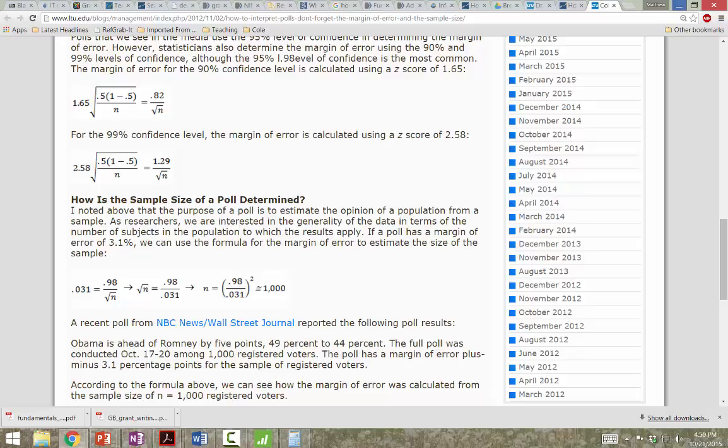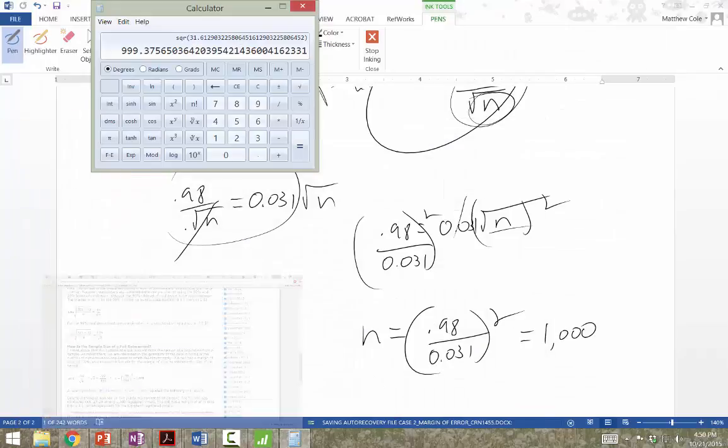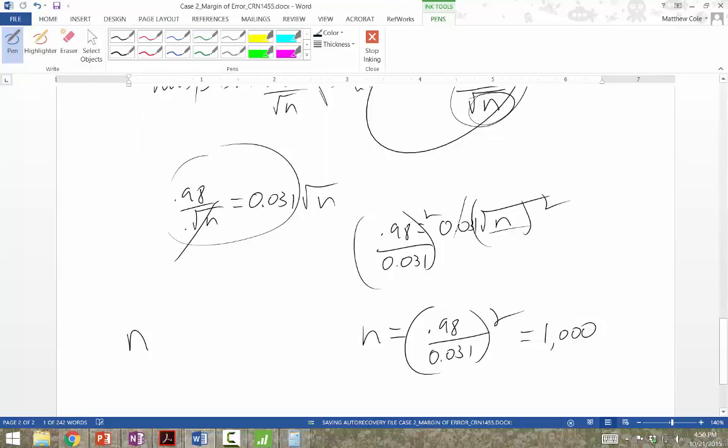And, well, let's pick another one. Let's say that they tell us, so we can figure out, do we need more or less people? Well, think about what we just learned about with the central limit theorem. As the sample size gets larger, what happens to the shape of the normal curve? As n gets larger, the bell curve is going to get steeper and steeper because there's less and less variability.